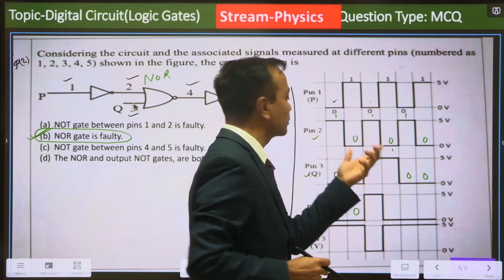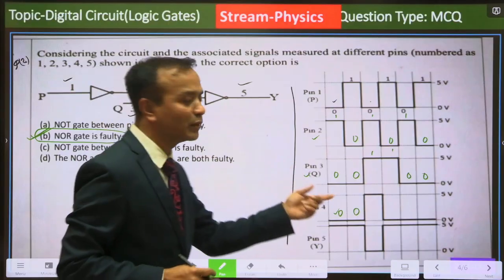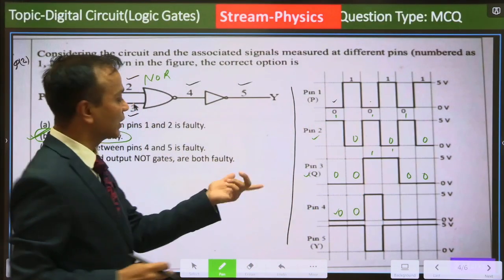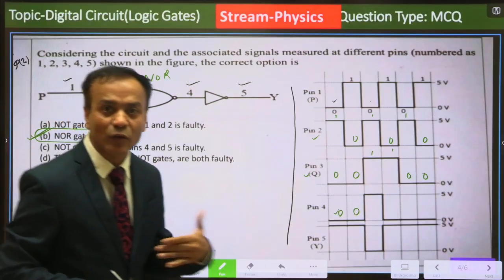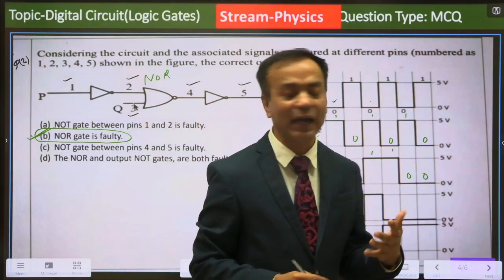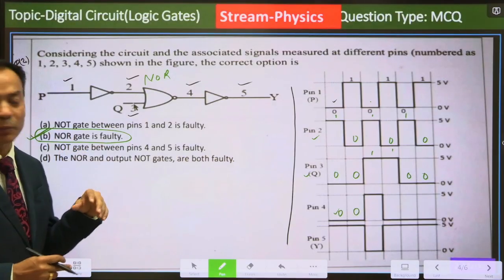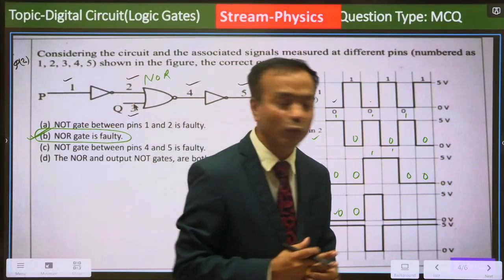It means if both inputs or any input is 1, then the output should be 0, but here at pin 4 it is showing high. It means the NOR gate is producing the wrong output as per our desired. So the fault is with the NOR gate operation here. That is the right answer for this question, and I hope you got the clarity.